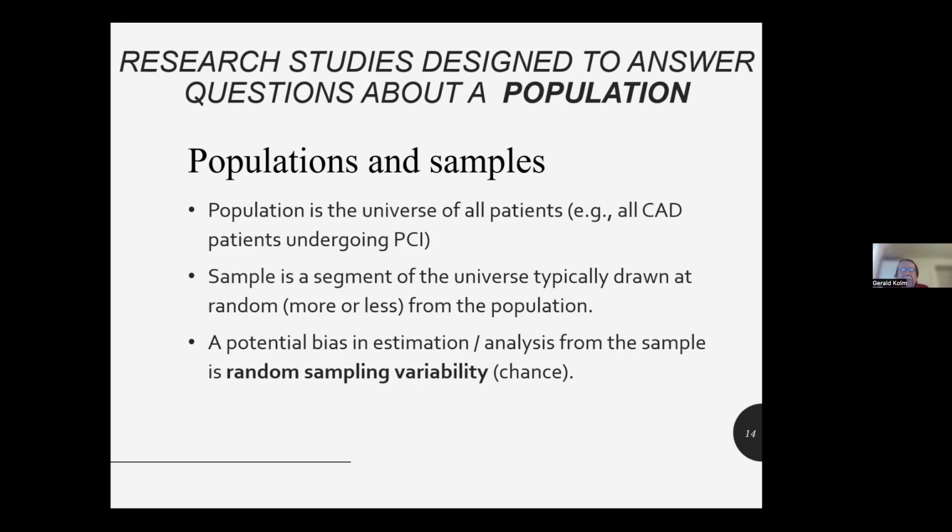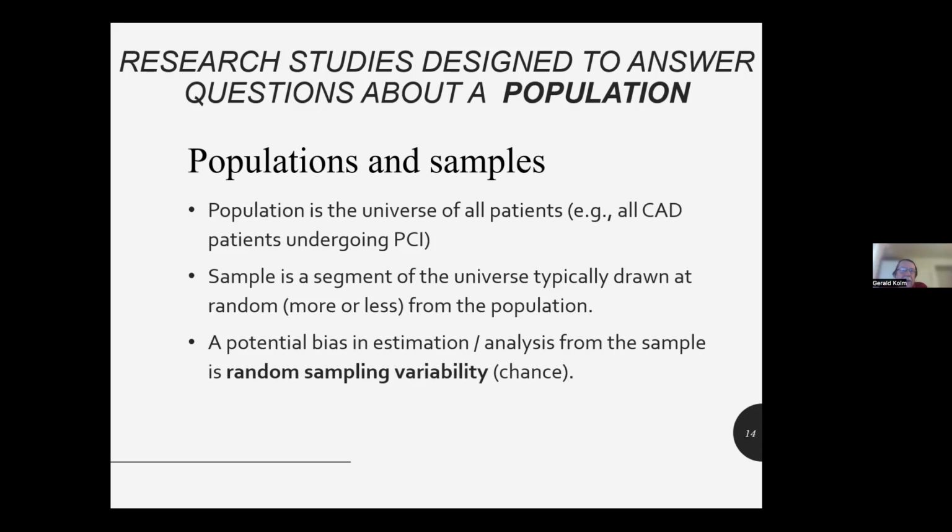But generally, we can say that if we're doing a randomized clinical trial, we have set up our study so that we can come to a more certain conclusion than with the other types of research studies.